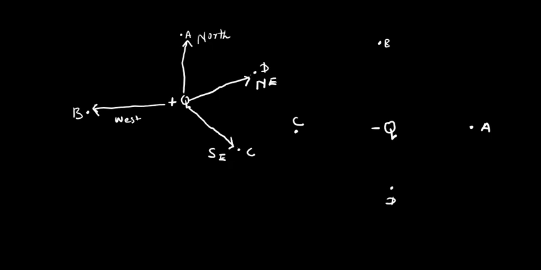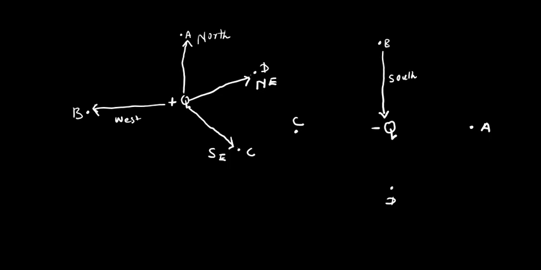Now you will see that the electric field will point towards the negative charge. It's going to come from B and move down to this charge, in the south direction.